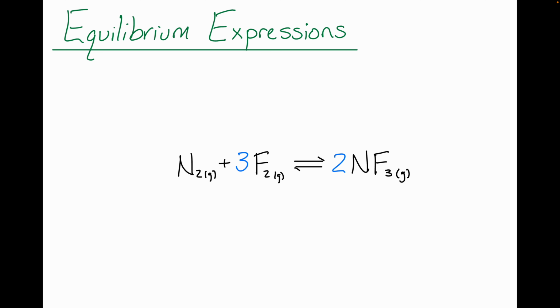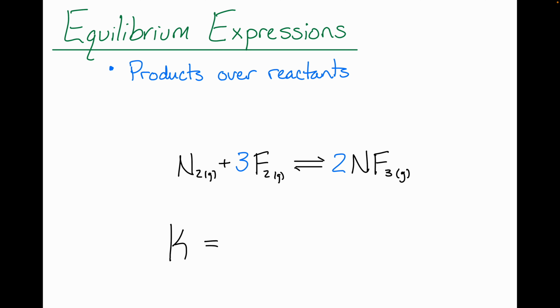All right, so we're going to build this expression here. Let's put down our K equals, and our first rule, again, is products over reactants. We're going to chant that to ourselves 1,000 times this semester.